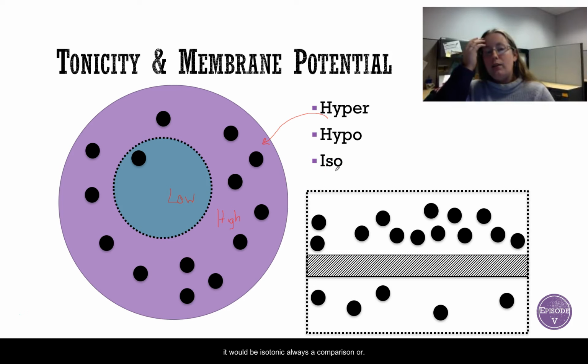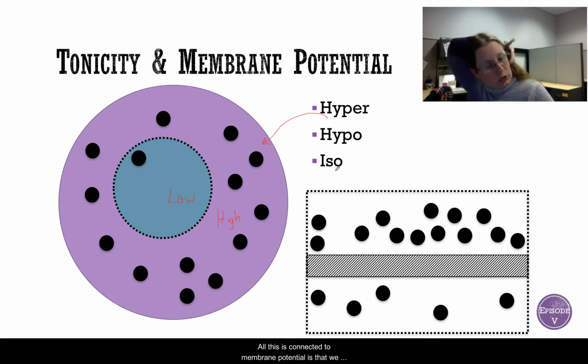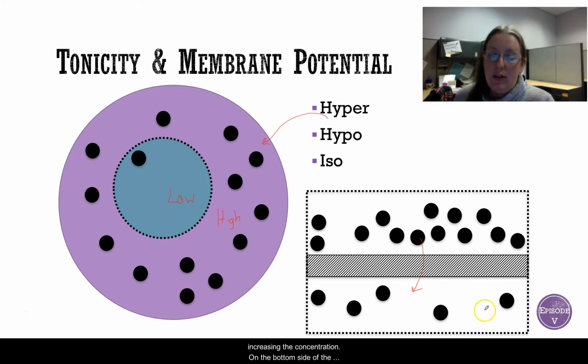How all of this is connected to membrane potential is that we are constantly changing the concentration of ions on either side of a membrane. If we move these solutes across the membrane here via passive transport, then we are increasing the concentration on the bottom side of the membrane.